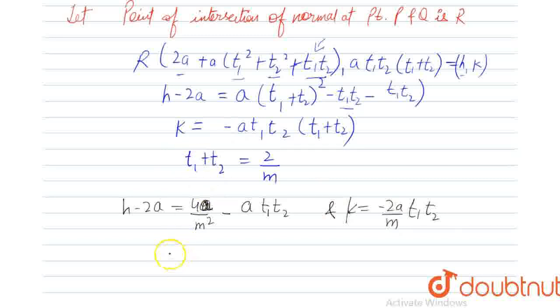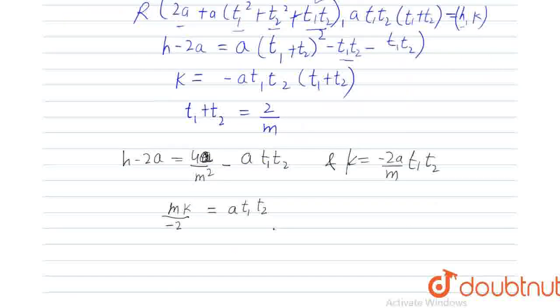Then mk upon minus 2 is equal to a t1 t2, because we are simplifying both the equations. That is how we get this.